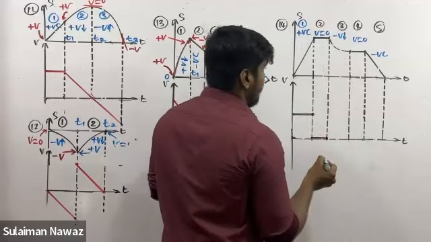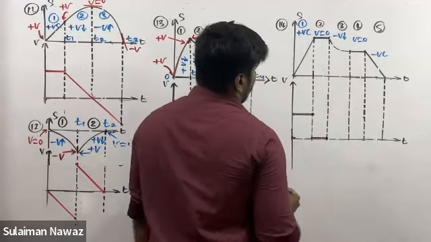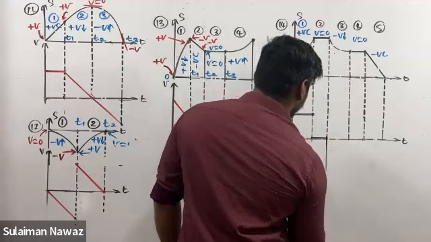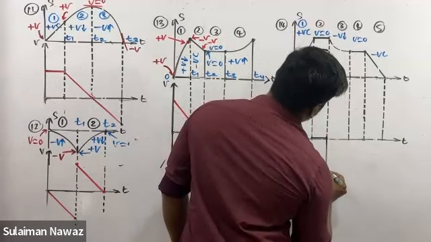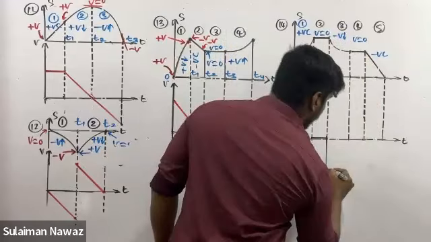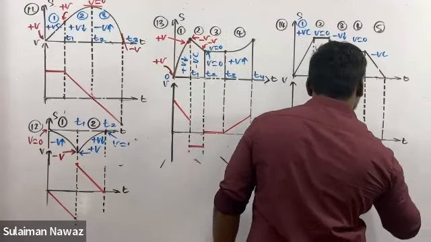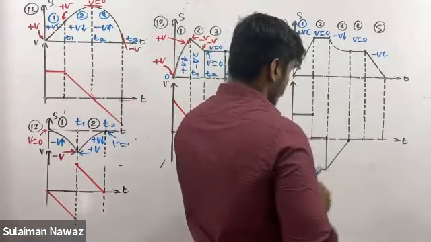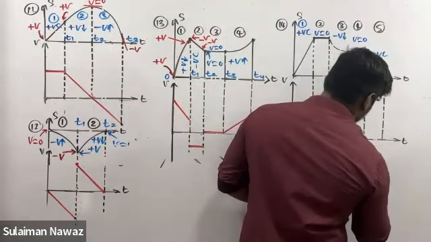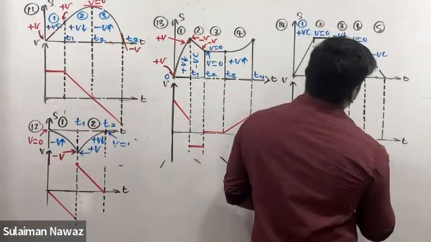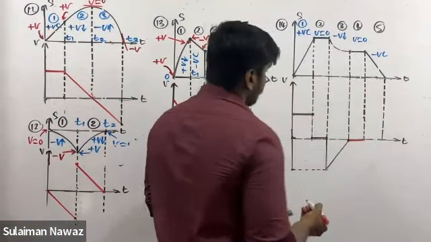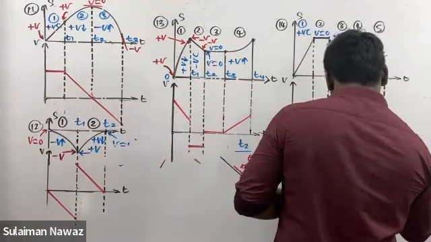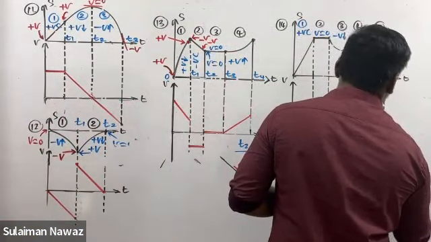Then negative velocity decreases. Negative velocity decreases and becomes 0. Then velocity is 0 again. Then negative velocity constant.